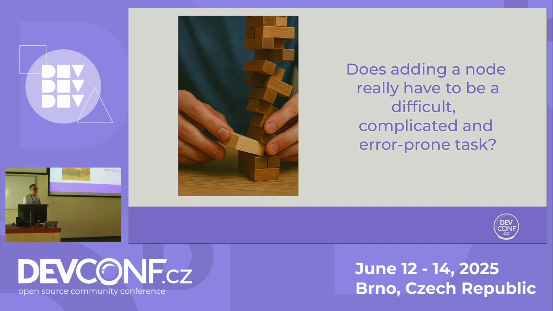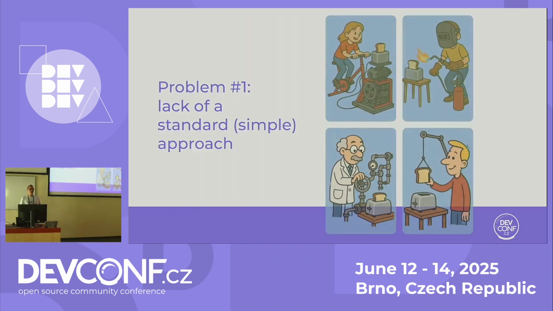Why can't we do the same also in this secondary workflow where you need to add new workers to your cluster? There were several problems affecting this part. Let's have a look at them.